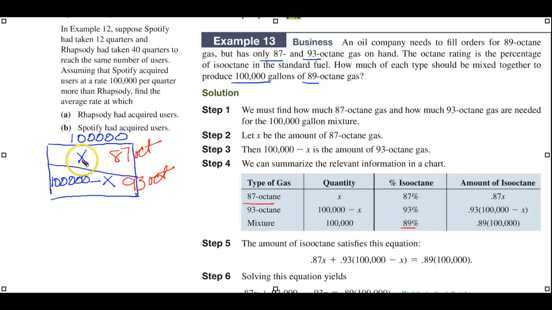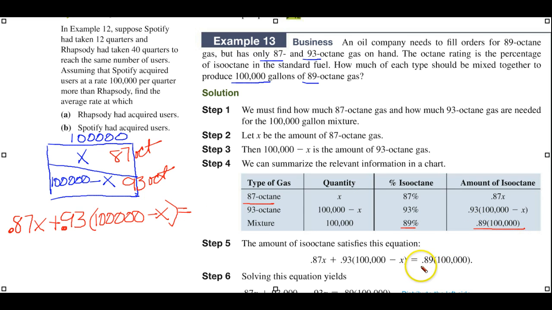So our equation is, again, our total amount is 100,000. And the algebra plays a wonderful role here. We're going to think of this as 87% of X plus this now, which is 93% of 100,000 minus X is going to equal this.